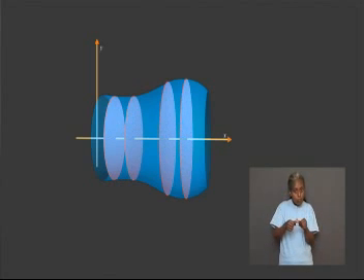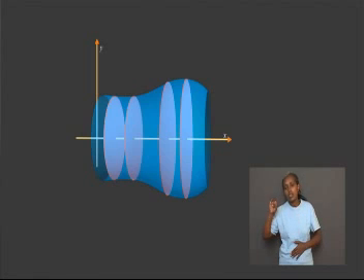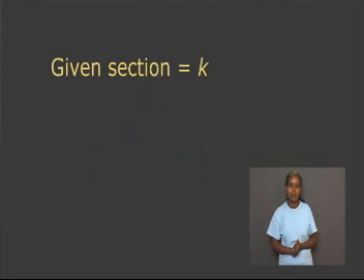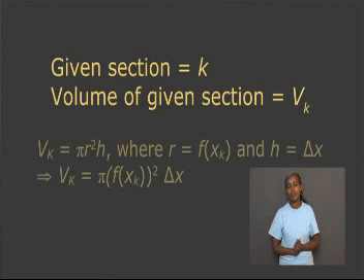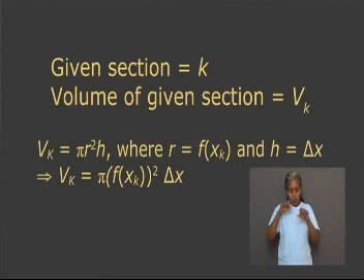Remember that the length of a cylinder is represented by delta x. We will call the number of any given section k. That means that the volume of a given section is called VK. We can then say that VK is equal to this formula.